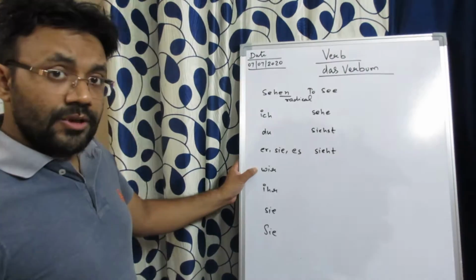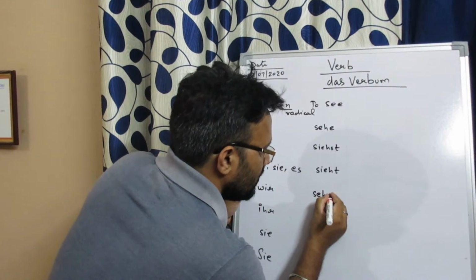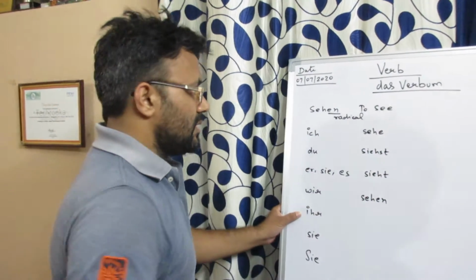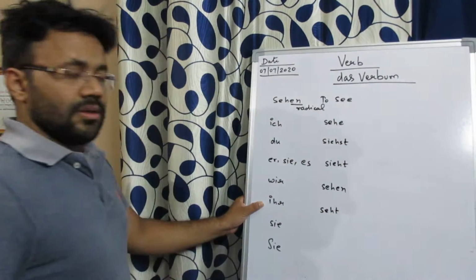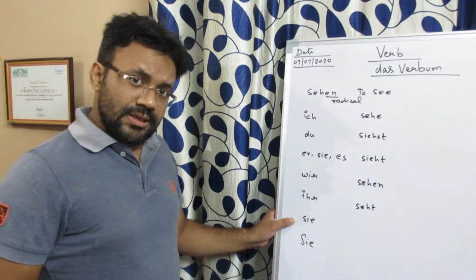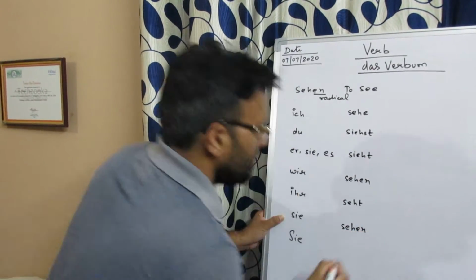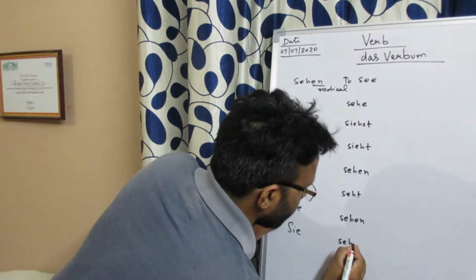Now with wir, it is similar to the original form, sehen. Next is ihr, so there is a little bit of change: seht. Then sie, again it is the same as the original form sehen, and then Sie, it is again sehen.